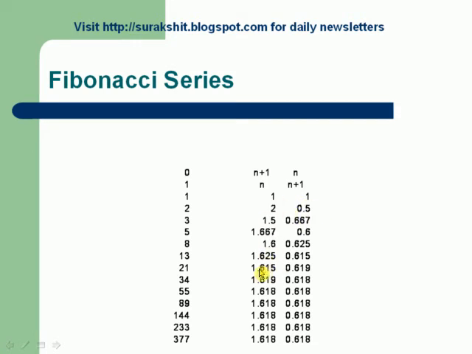As we go down in the series, from 34 onwards, you can see that if I divide one number by its previous number, I get an answer equal to 1.618. If I divide one number by its next number, I get an answer equal to 0.618.